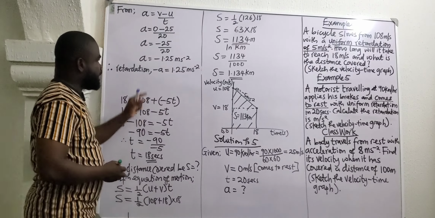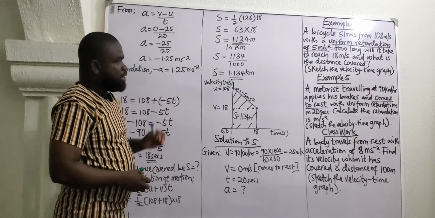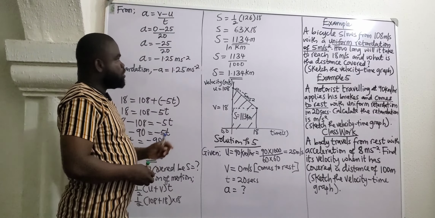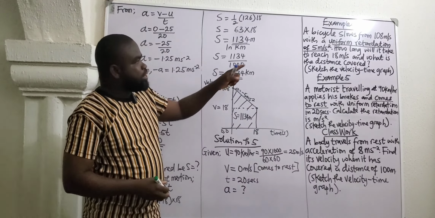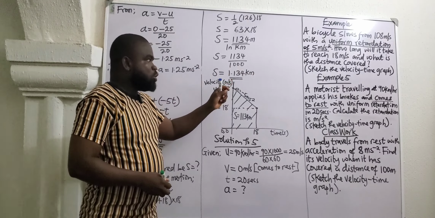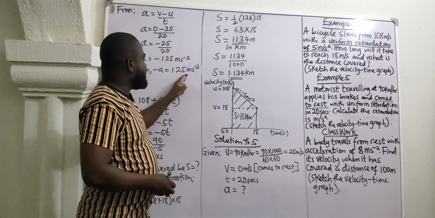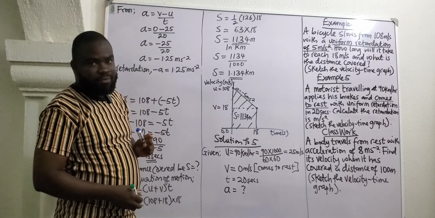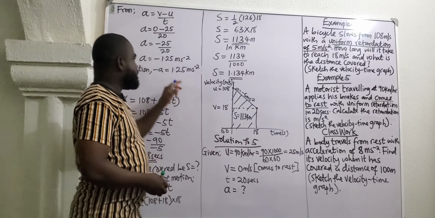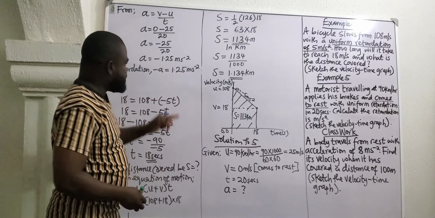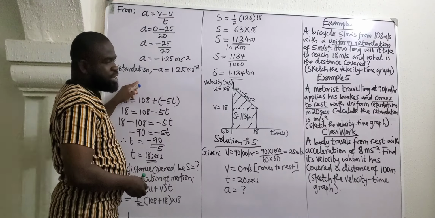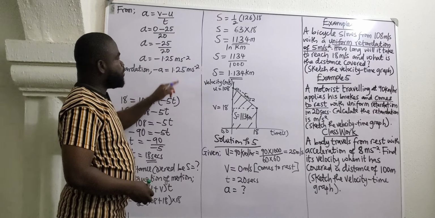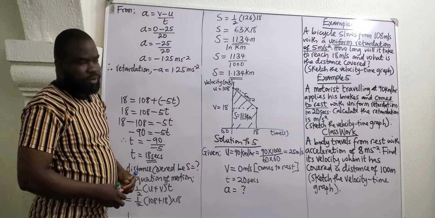If they were to express this example 5 in the language of example 4, when they want to mention the uniform retardation of 1.25 meter per second squared, in the question they will not put a negative sign, but in the solution there is a negative sign. That is why you are asked to express your retardation as minus A equals 1.25 meter per second squared.